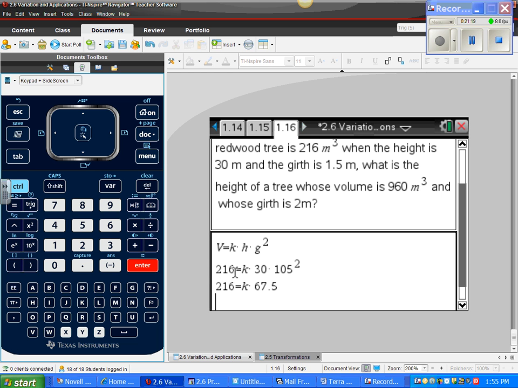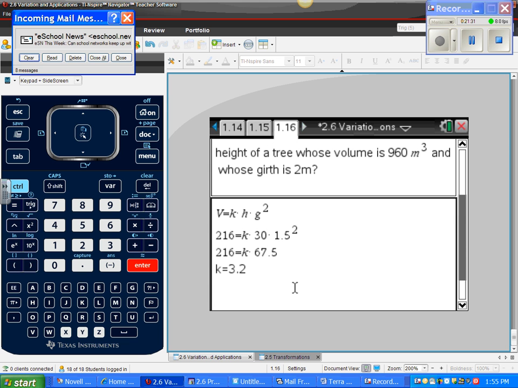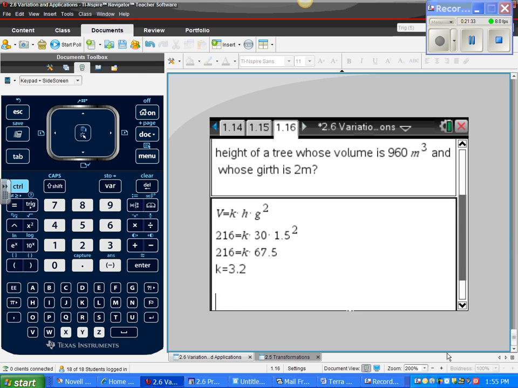I'm sorry, this is supposed to be 1.5. Must have hit 0 instead. Okay, so when we divide this out, we get k equals 3.2. So we have our constant of variation now. We're going to use it to create my new equation. Volume equals 3.2, which is my constant of variation, times h, the height, times the girth squared.